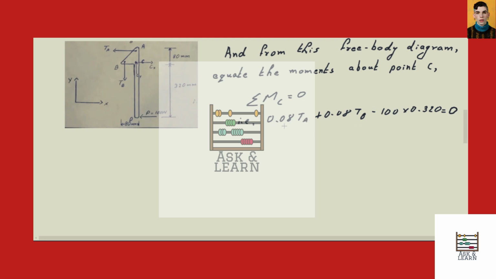Let's take 0.08 common outside, that is 0.08 times (TA plus TB). 100 into 0.320 is 32, and when this term goes to the right-hand side, it changes to plus, so that is equal to 32. Let's name this equation number 5.